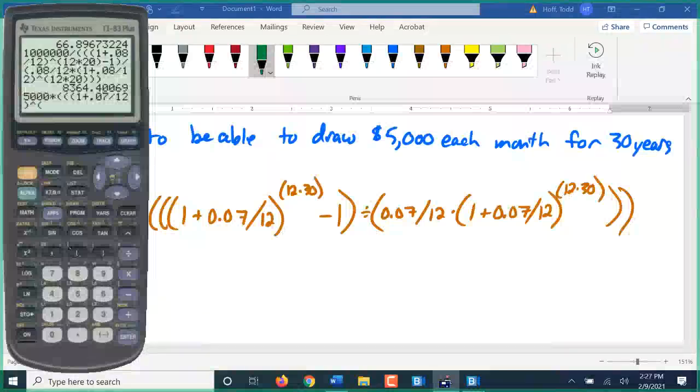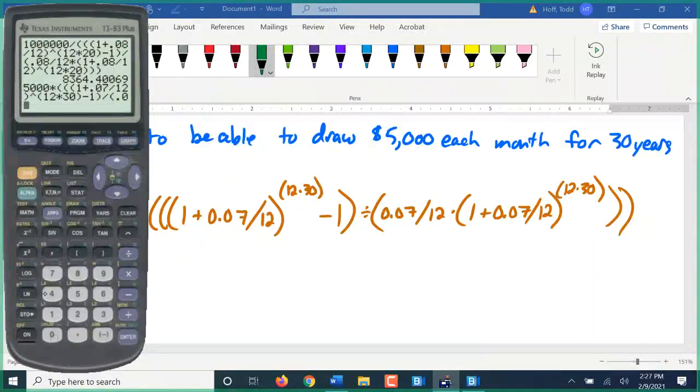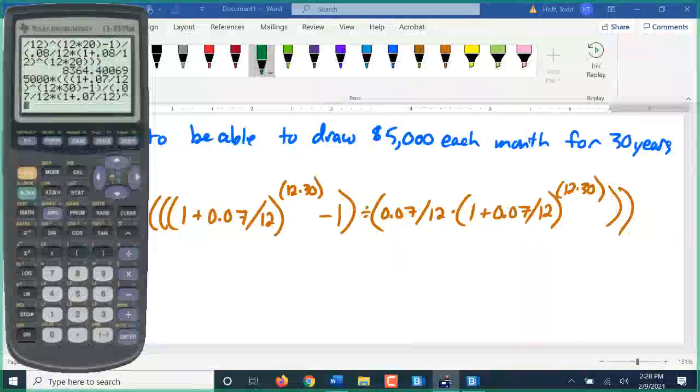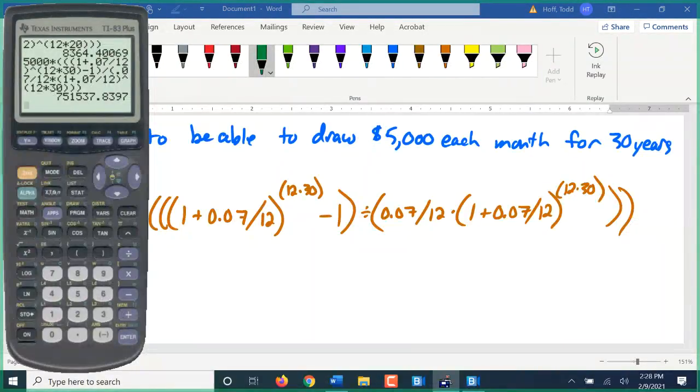The power of, open parentheses, 12 times 30, close parentheses, minus 1, close, divided by open, 0.07 divided by 12 times parentheses, 1 plus 0.07 divided by 12, close the parentheses, to the power of 12 times 30 again, close, and then close them twice. Giving us 750,537.84.